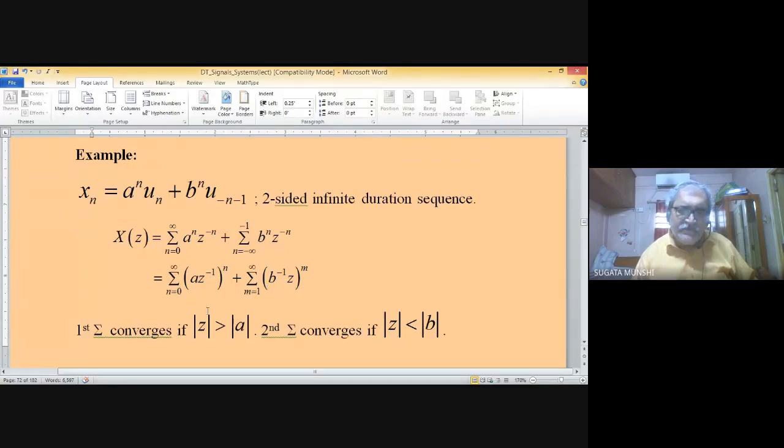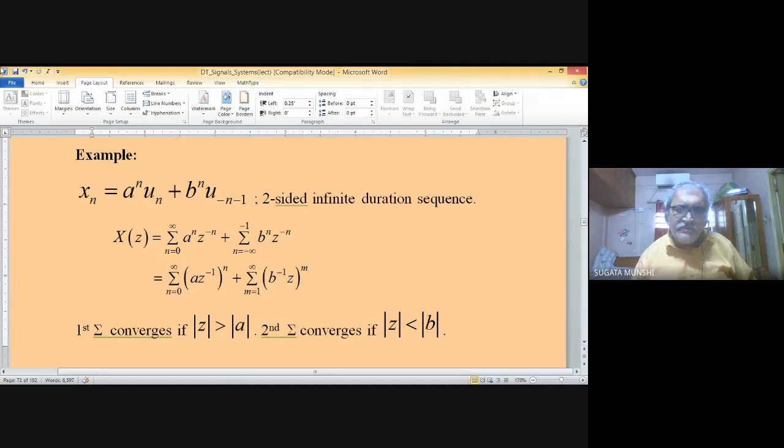The first summation will converge if magnitude of z is greater than magnitude of a. And the second summation will converge if magnitude of z is less than magnitude of b.